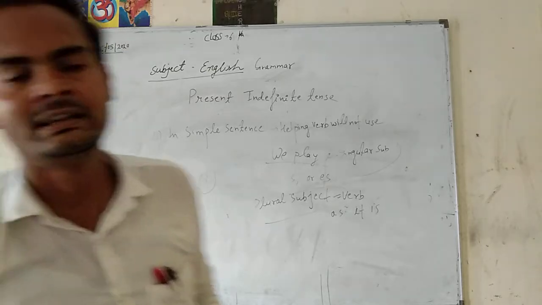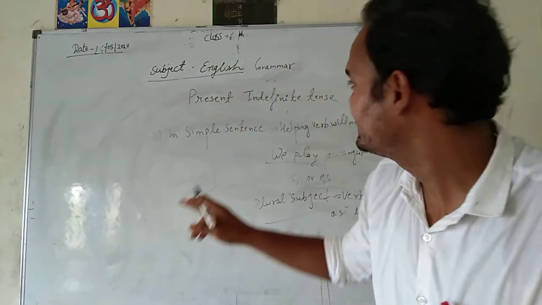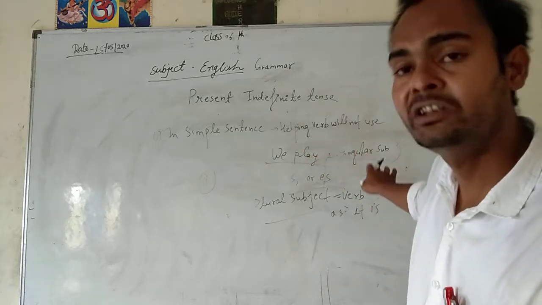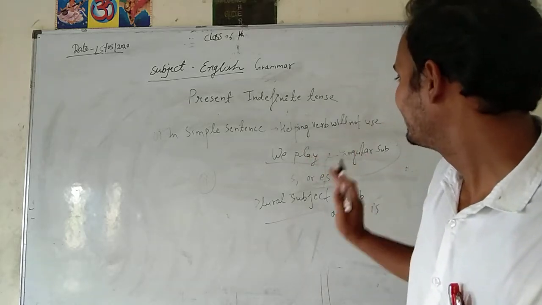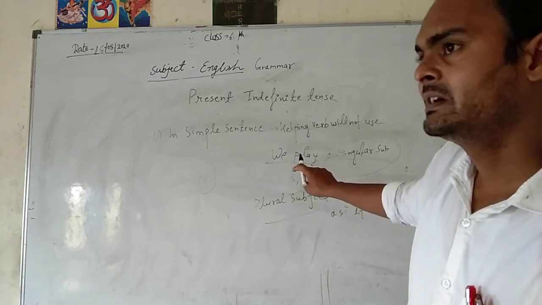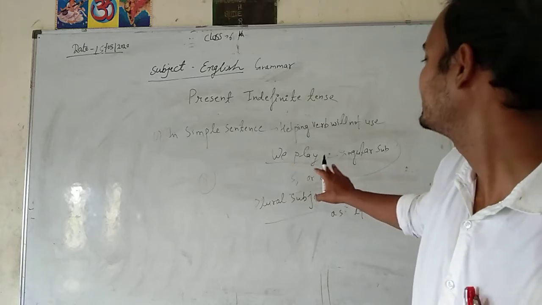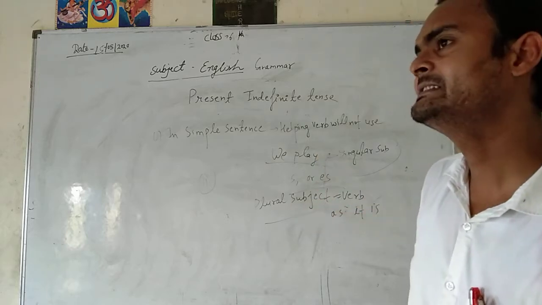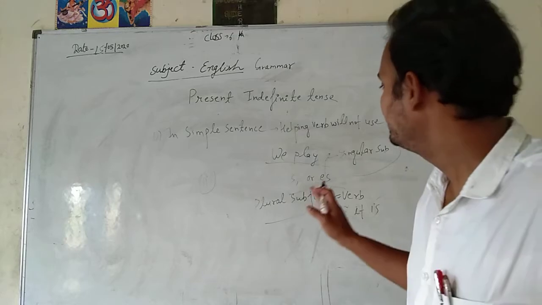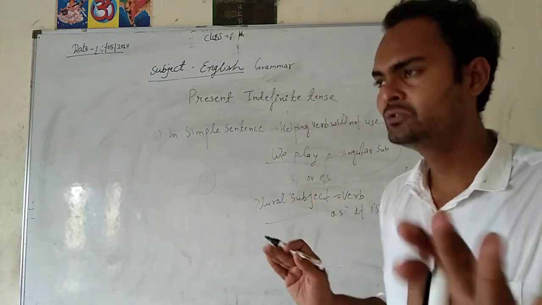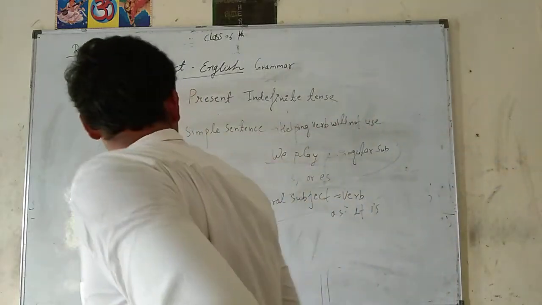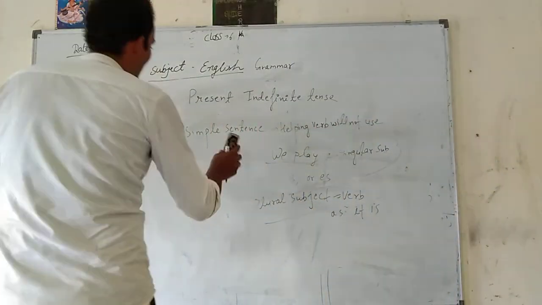You have to understand that if there is a simple sentence of present indefinite tense, the helping verb will not be in use, and if there is a singular subject, S or ES will be added to the verb of the sentence, and if there is a plural subject, the verb should be as it is. Okay, two rules are there for simple sentences.